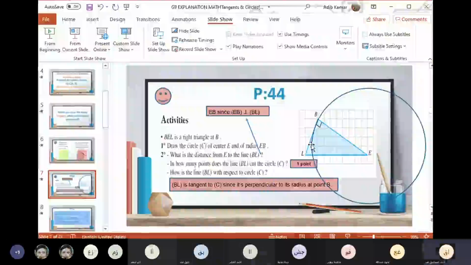What is the distance from E to the line BL? Come on, Hassan. What is the distance from E to the line? Yes, the distance from E to the line is the perpendicular drawn from E to BL.